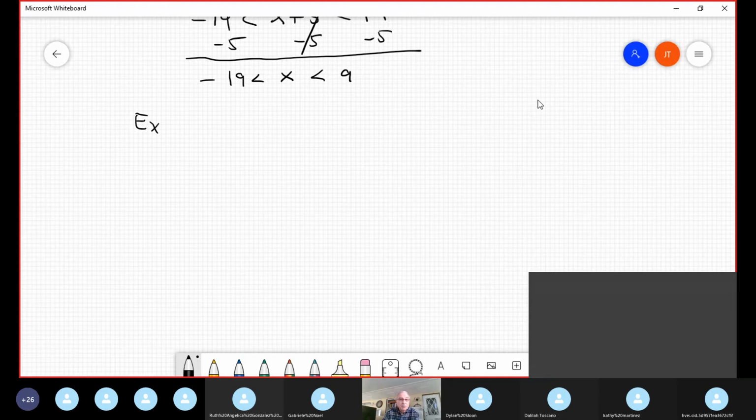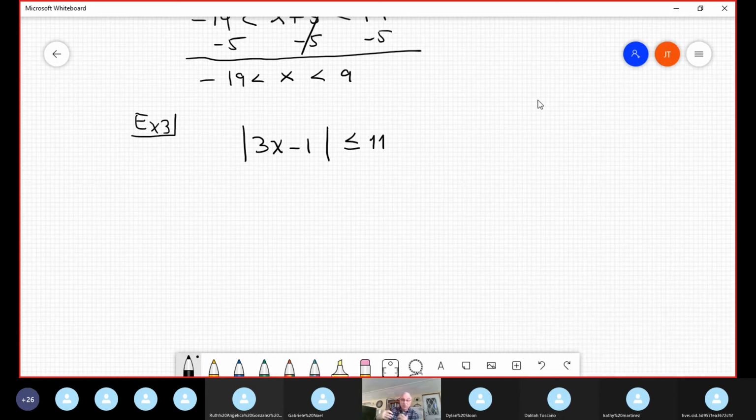Example 3 brings me a new idea. 3x, absolute value of 3x minus 1, less than or equal to 11. Oh, look at that. In this example, we have less than or equal. So this is like a combination, equation and inequality, because that symbol indicates less than or equal to.